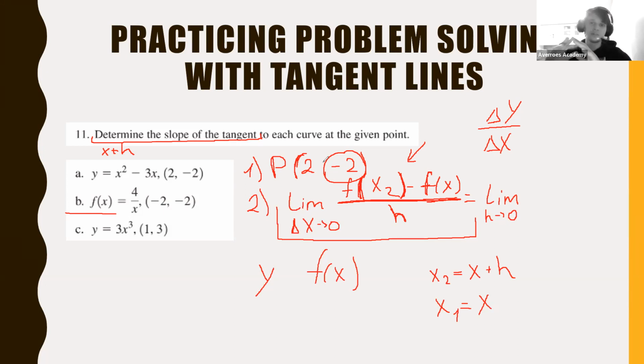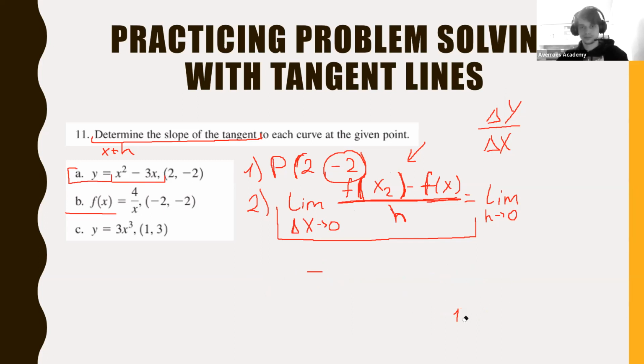So let's just write it down in the simplest way we can without evaluating it yet. So imagine if there was x2 instead of x plus h in these brackets. How would you rewrite this formula for equation A? You would substitute the value of x2.